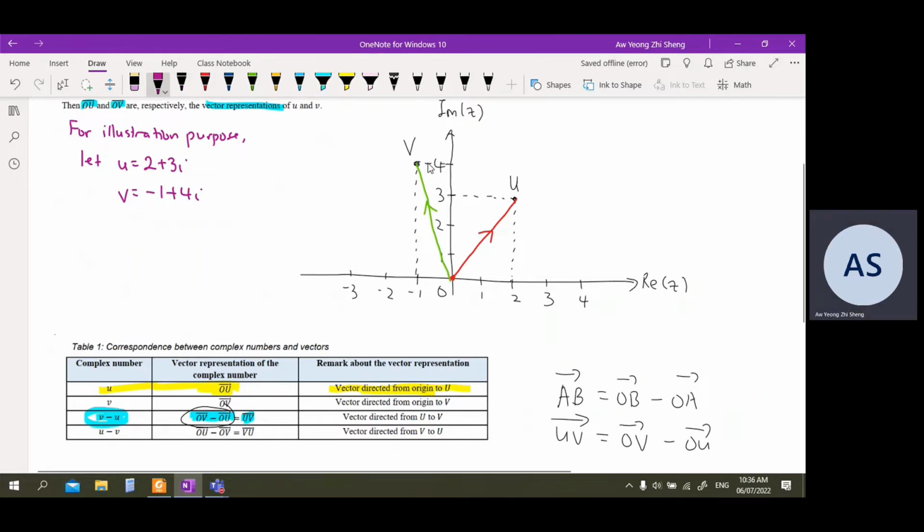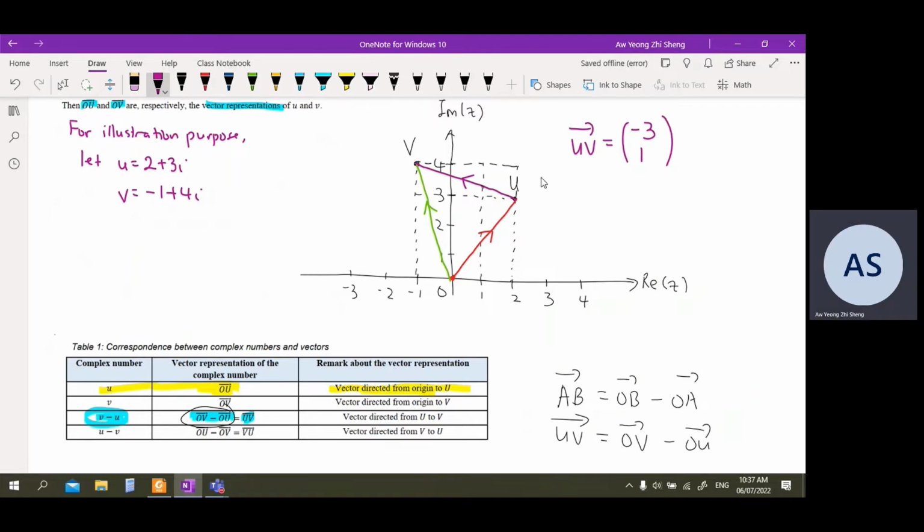Now let me draw out the UV here from U to V. If I draw out the grid boxes, it will be clear that the vector UV is 3 units to the left and 1 unit up. According to our Argand diagram, that means -3 as the x component and +1 as the y component.